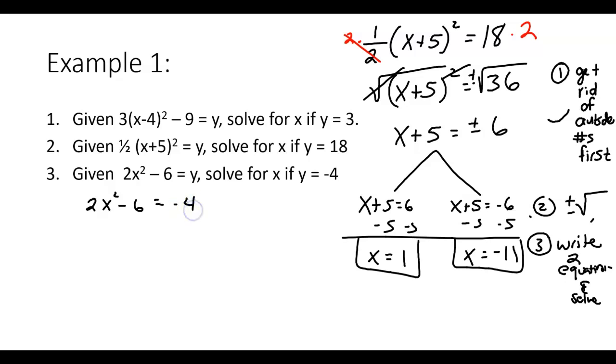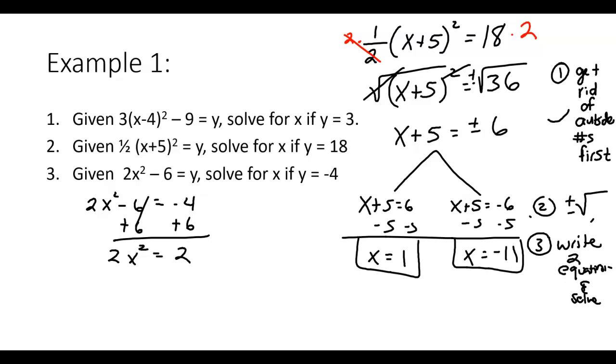Negative 4. What do I do next? Get rid of the outside numbers. So what do I do first to get rid of the outside numbers? Add the 6. So if you can, addition or subtraction comes first. And we can this time. Now what? Not yet. Divide by 2.